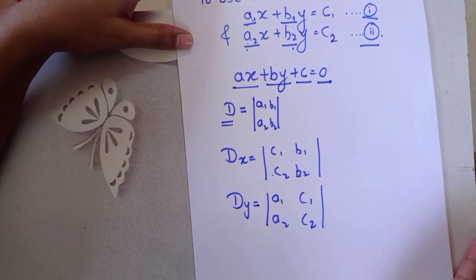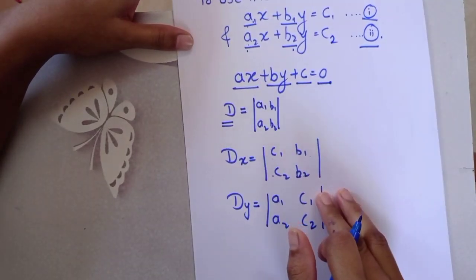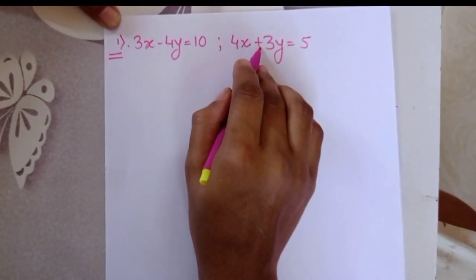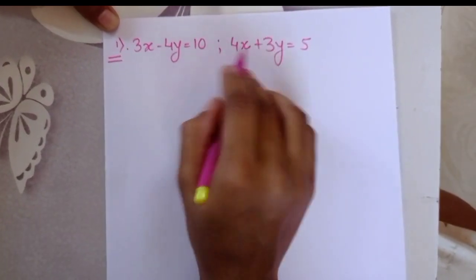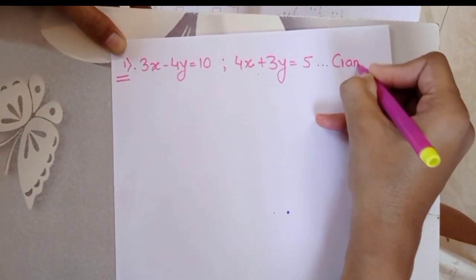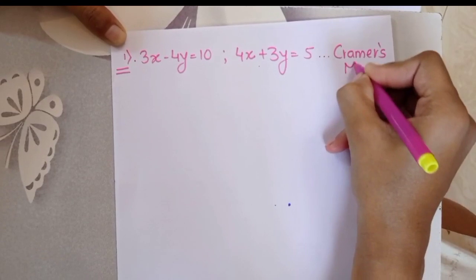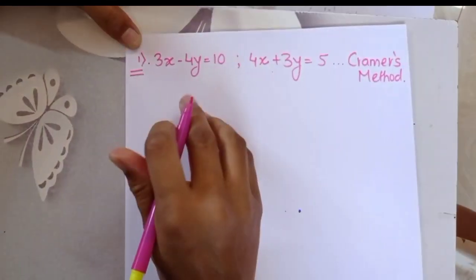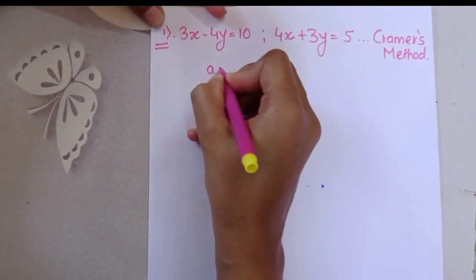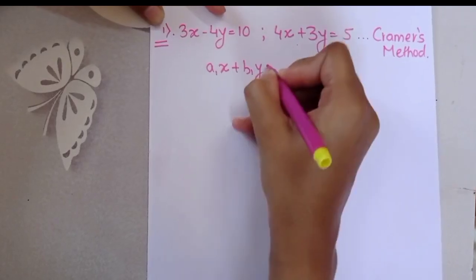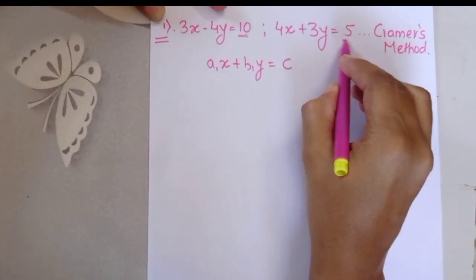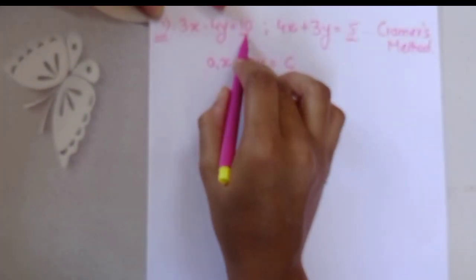Now we will take one example to understand this Cramer's rule. First example, here there are two equations, that are called simultaneous equations. We have to solve these equations with Cramer's method. Therefore, first of all, we have to observe whether it is in the form of a1x plus b1y is equal to c or not. It is, because the constants in both equations are on the RHS.